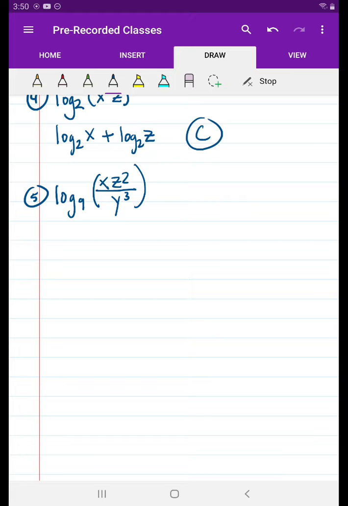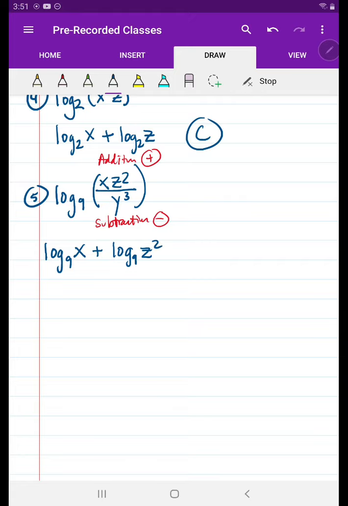Anything that's in the top part of our fraction will be part of the addition, or it'll have a positive sign on it, and anything that's in the bottom part of the fraction will be part of the subtraction, and it'll have a negative sign on it. So we can start with that and divide up all of our variables. So I'll have log base 9 of x plus log base 9 of z squared, I made both of those positive, minus log base 9 of y cubed.